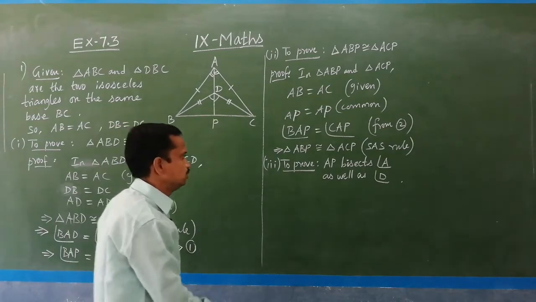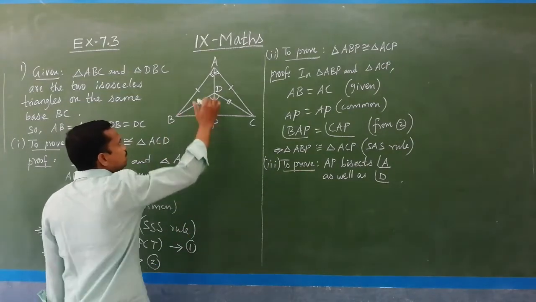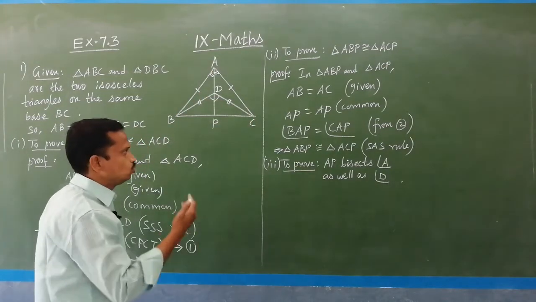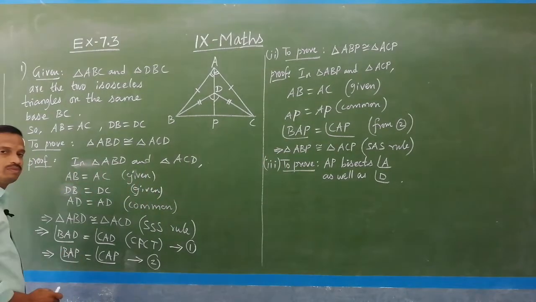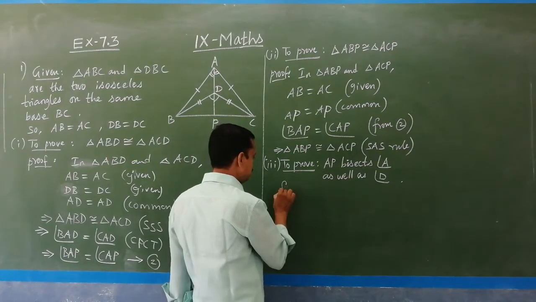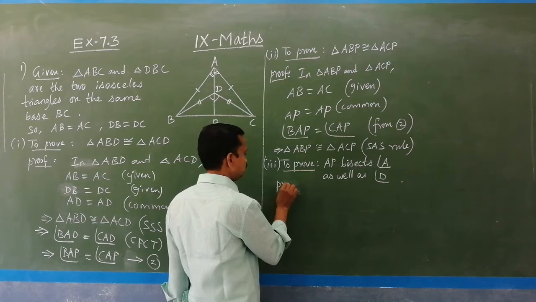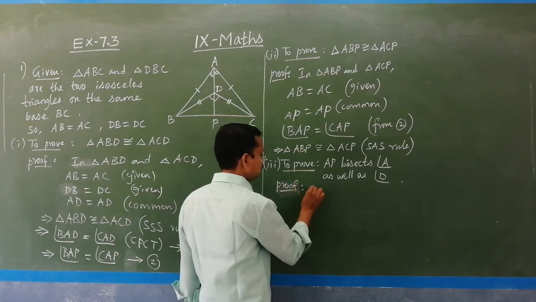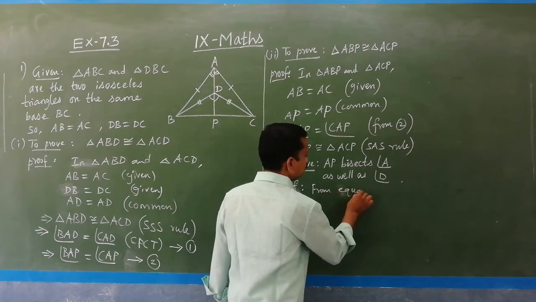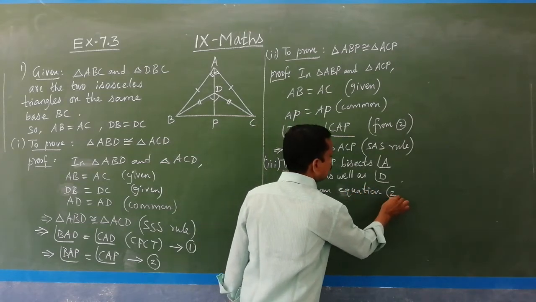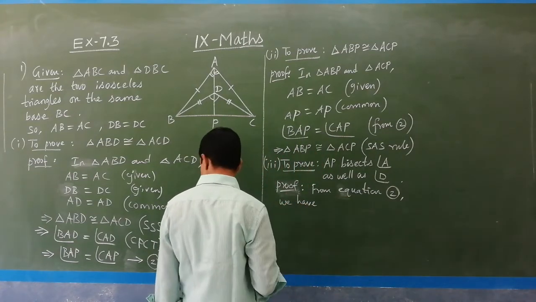So, first we have to say AP bisects angle A. You see DAP, CAP are equal, already we have proved, no? This one, DAP equal to CAP. From where have we taken it? From equation 2. So, in the proof part we can write in words: from equation 2 we have DAP equal to CAP.